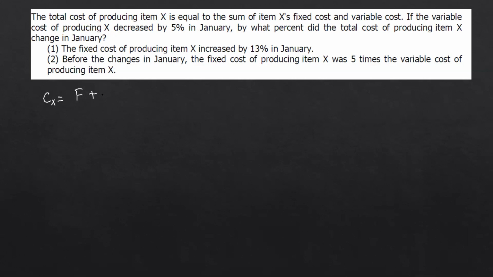If you produce, let's say, X units, and V is the variable cost per unit, that's the expression. Now, if the variable cost decreased by 5% in January, it became 0.95 V. By what percent did the total cost change?